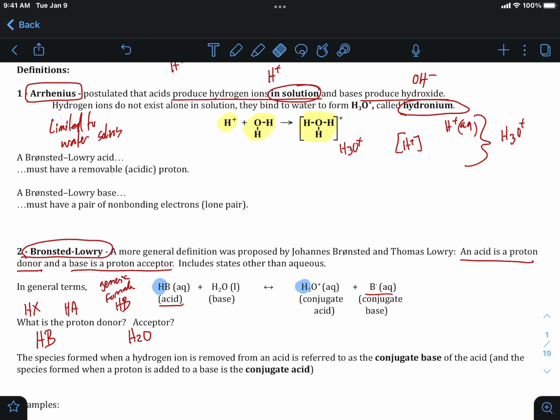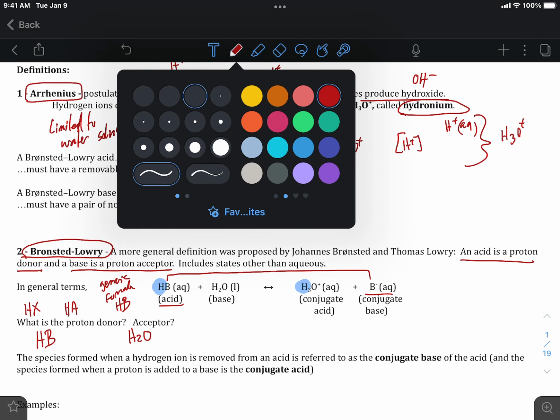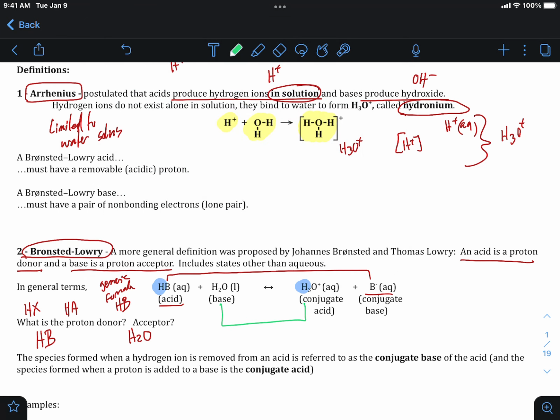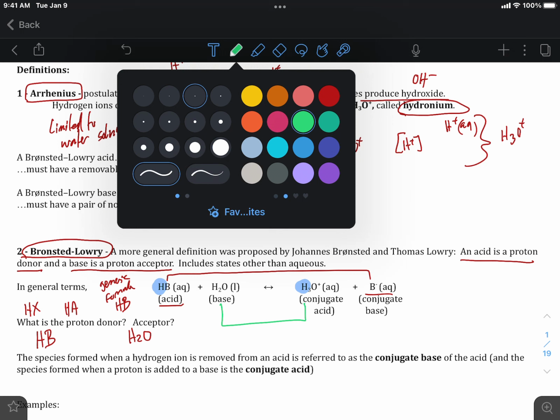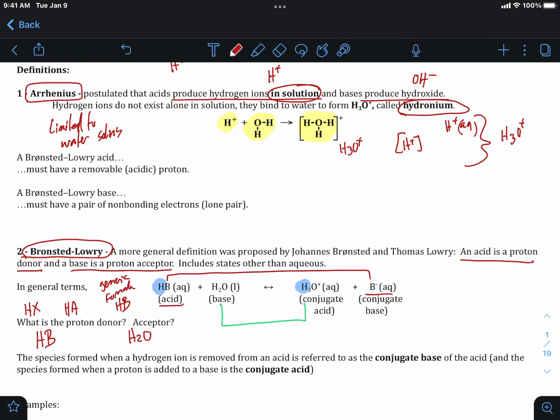So the other concept is that whenever there's an exchange, the resultant is a base and an acid, but we call them conjugates. So if I just connect the two things that look most alike, if HB is the acid, then what we end up forming from that formula, B minus, that is what's known as the conjugate base.